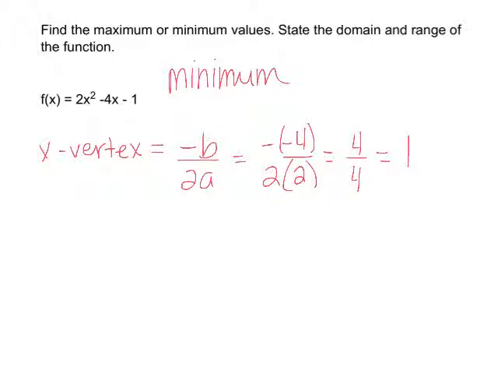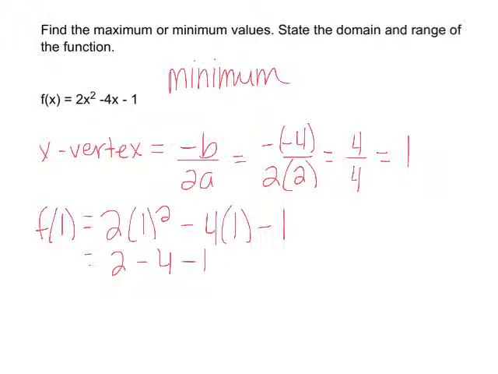So now to find the y, I'm just going to say that f of 1 equals 2 times 1 squared minus 4 times 1 minus 1. So I'm going to get 2 minus 4 minus 1, which is going to simplify to negative 3.